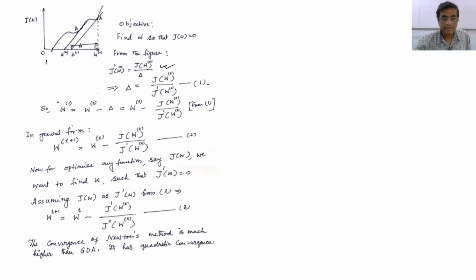See this and try to understand, very simple. Wt plus 1 equals Wt minus J(Wt) divided by J prime(Wt), okay.